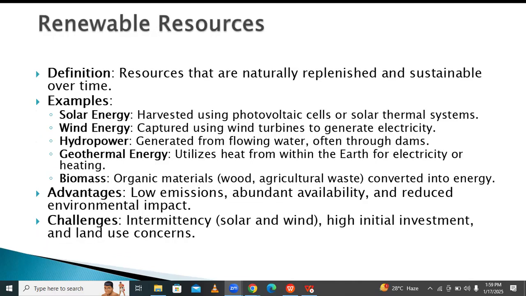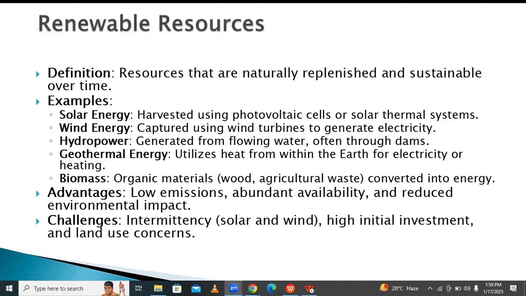Then we come to the renewable sources. Renewable sources are solar, wind, hydropower, geothermal and biogas. These are the different types of sources that come under renewable sources. These resources are naturally available, but there is a discontinuity in the power generation.